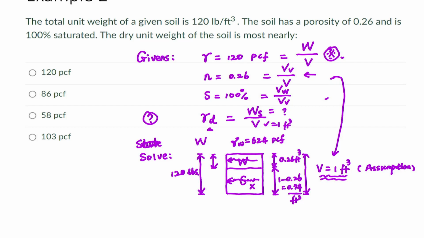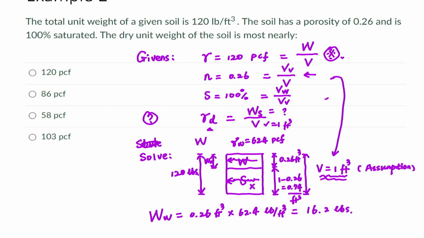So the weight of the water would be 0.26 cubic foot times 62.4 pounds per cubic foot. That would be 16.2 pounds.